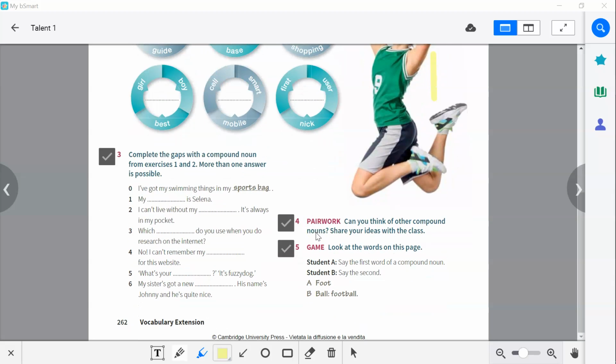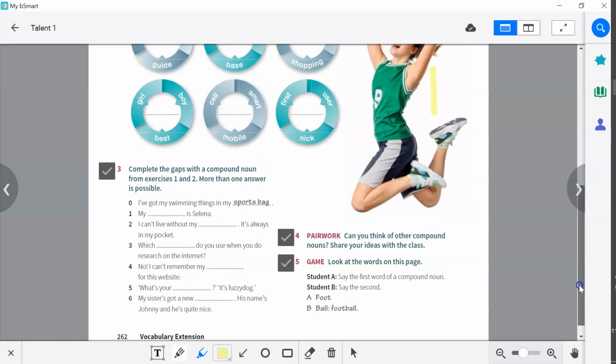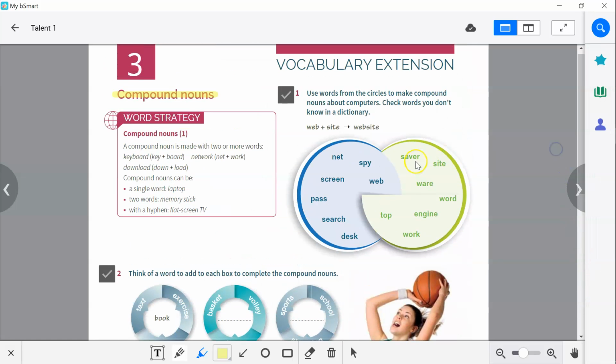Now let's complete exercise number 3 with the compound nouns from exercise number 1 and 2. This is an exercise you are doing at home on your own because it's extremely simple. So now we go back to exercise number 1 because we missed it, and use words from the circles to make compound nouns about computers.